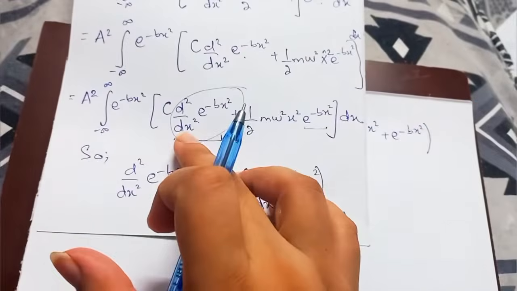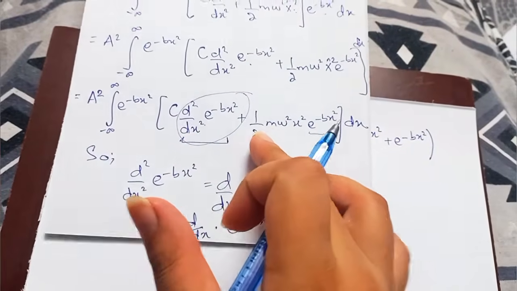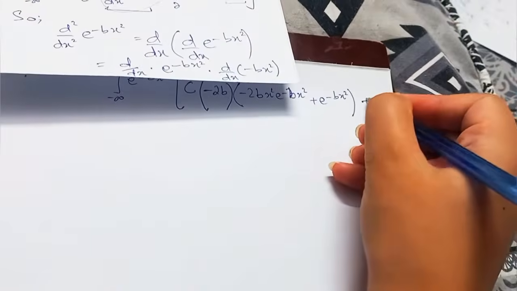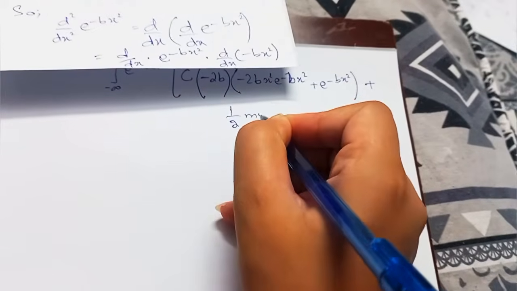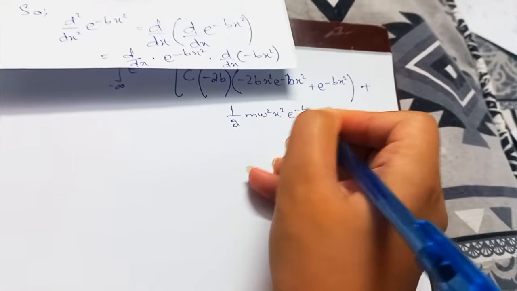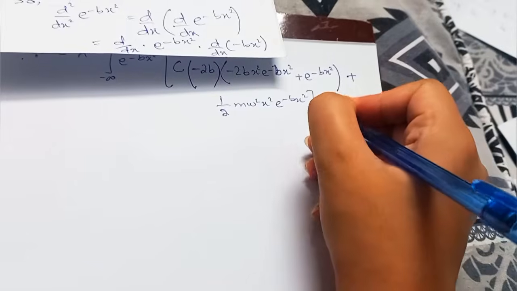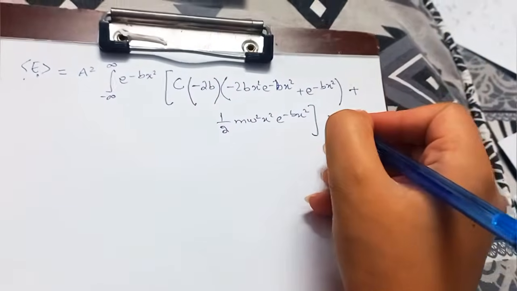Okay, we have inserted its value now, plus we have this term plus 1/2 m omega squared x squared e to the power minus bx squared, and the bigger bracket closes, we have dx now.